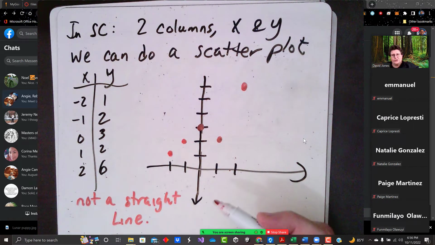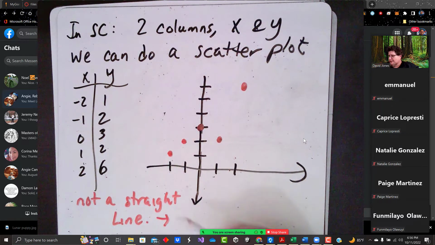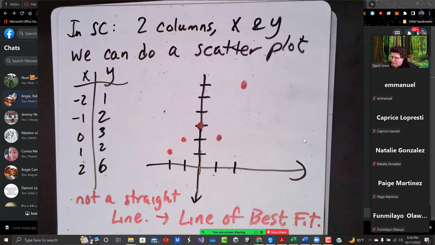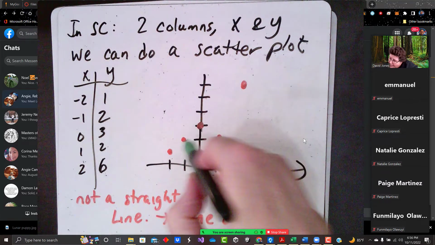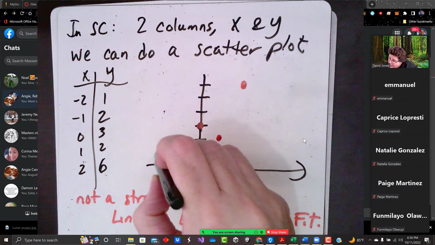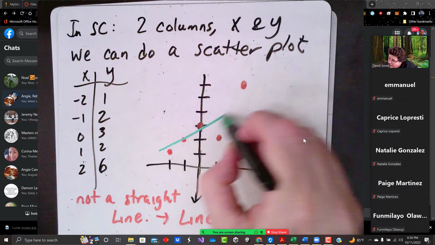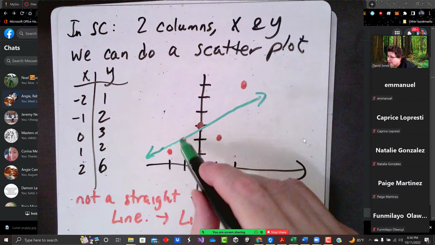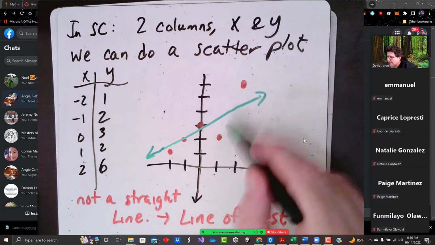So what we will do in this section is look for the line of best fit. How can I draw a line so that when I'm done, the dots are as close to the line as possible? Some might be spot on, some might be off.